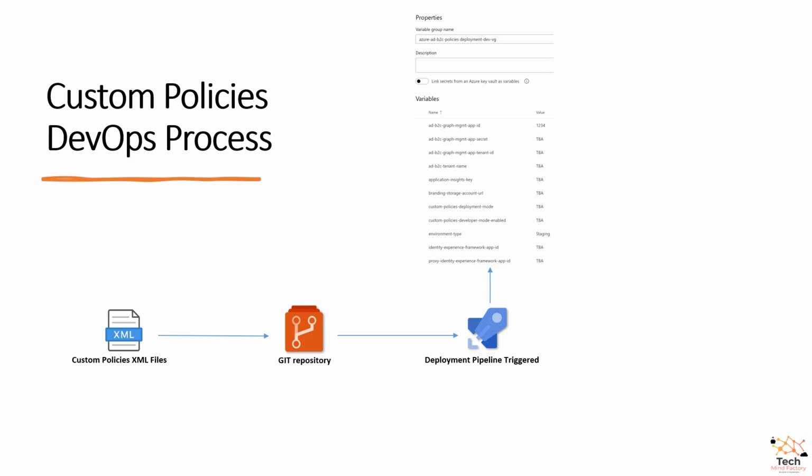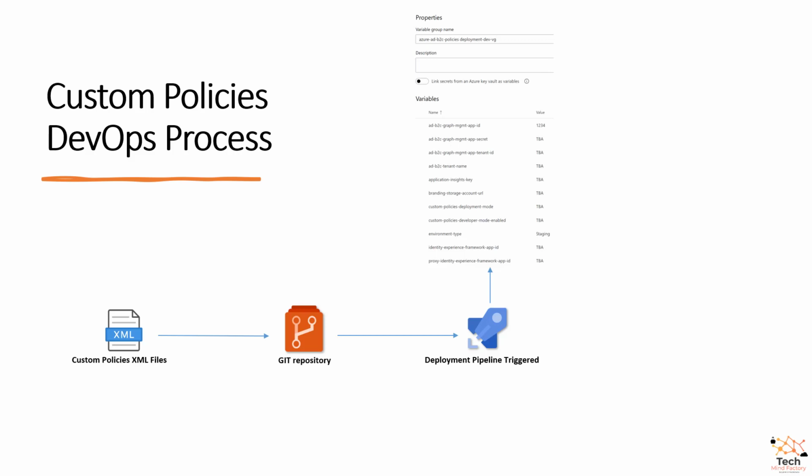And as you can see above, there is this variable group I mentioned. Within this variable group, I have all parameters that are required to successfully deploy those custom policies. You will see that, for instance, I have a management application ID, management application secret, and management application tenant ID. This is my application that I register in the Azure AD B2C tenant to make it possible to deploy custom policies through Microsoft Graph API.